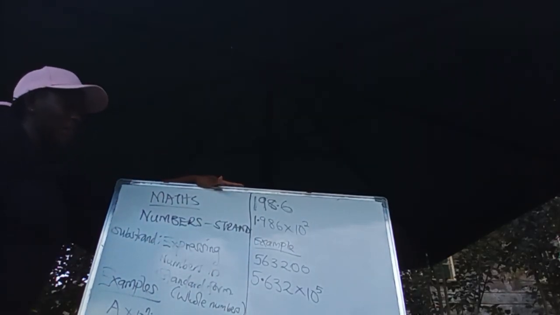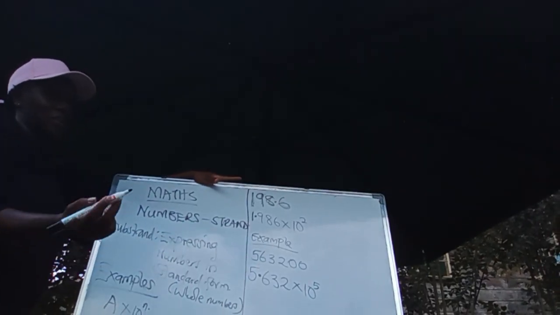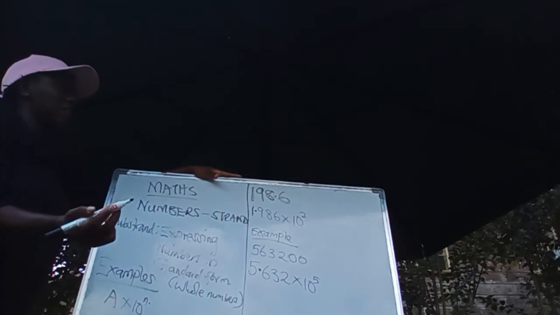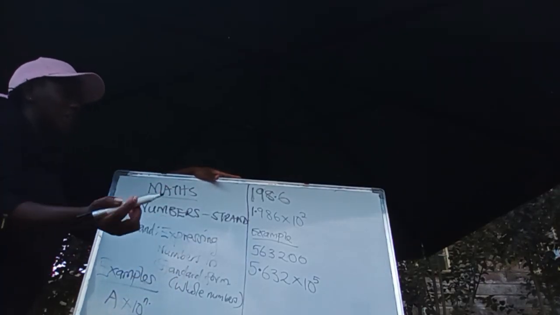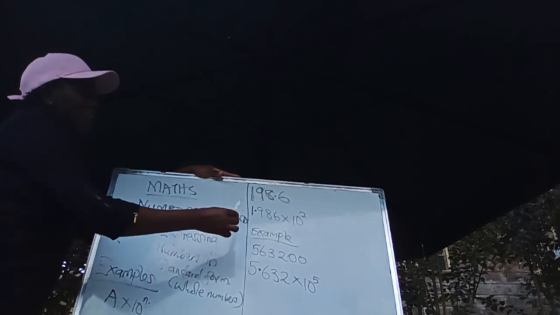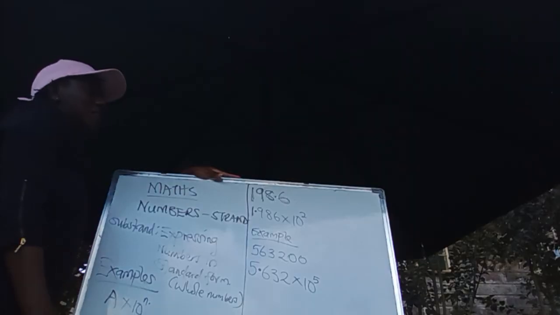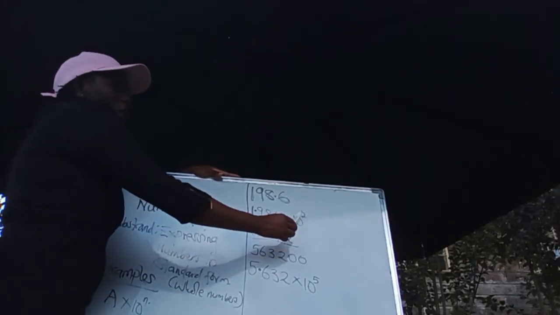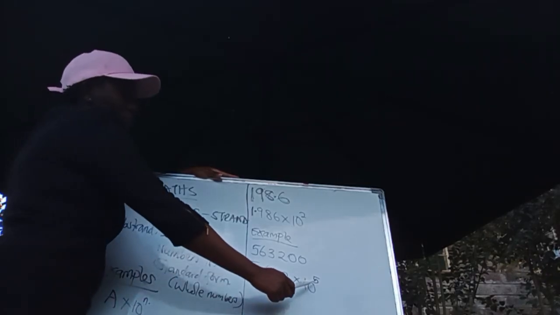This is now not in decimal form, whereby you start with the 0. When you start with a whole number, this is how you do it, whereby the power is going to be positive.